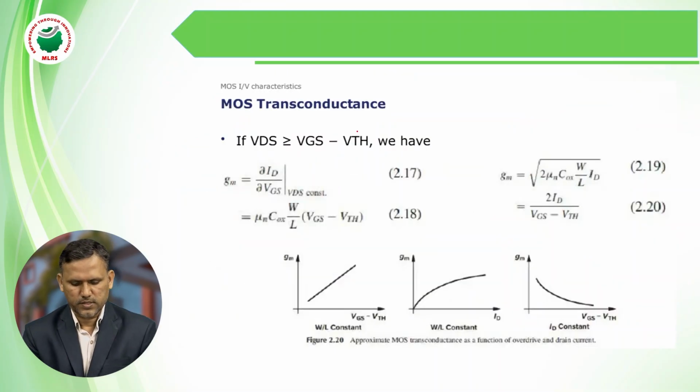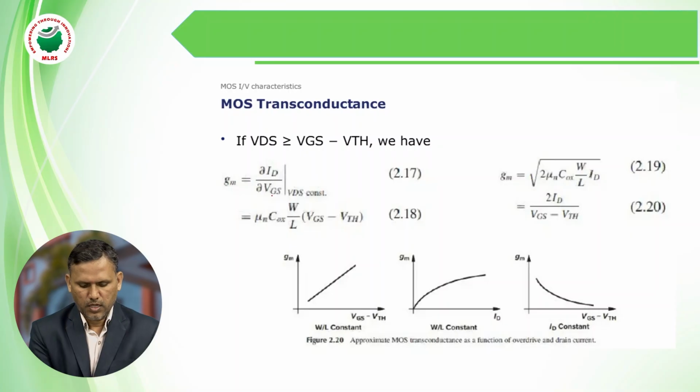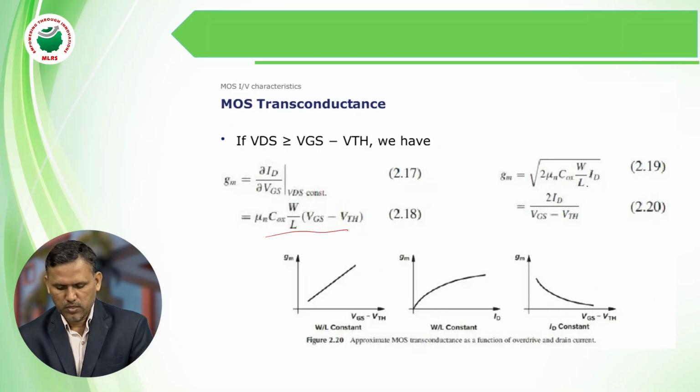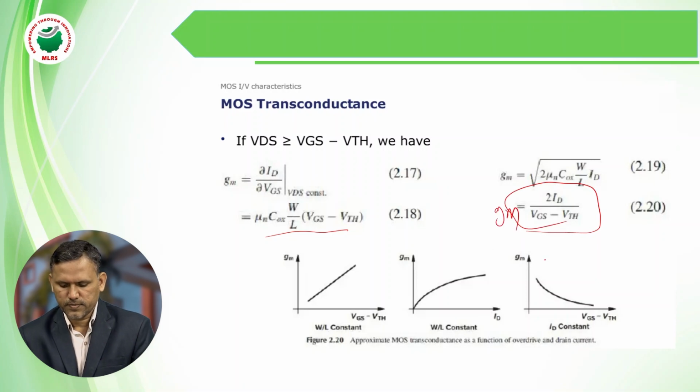Next one is transconductance. If VDS is greater than VGS minus VTH, then the transconductance is defined as the current by voltage. Actually, it is dou ID by dou VGS at VDS constant. So this one indicates the transconductance. Substituting ID and VGS values, we can observe this equation, and by simplifying this, apply W by L, VGS minus VTH, then ID, then it can be represented as the final transconductance.